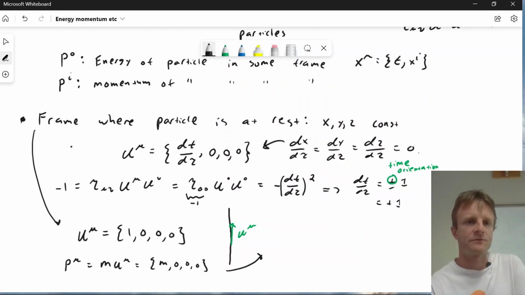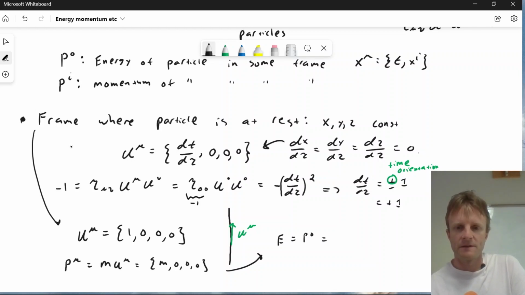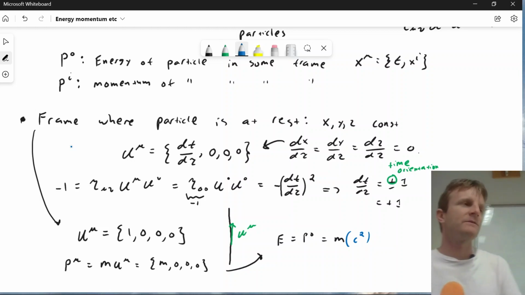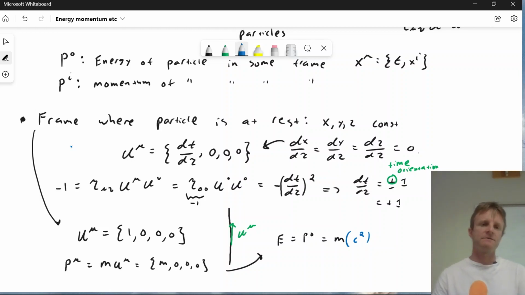And so in this frame, p^0 is the energy, so E equals p^0 equals m. And maybe just once I'll put c squared back in. Remember, c was 1. So now we have E equals mc squared. So this is how the four-momentum keeps track of energy in the rest frame of a particle.